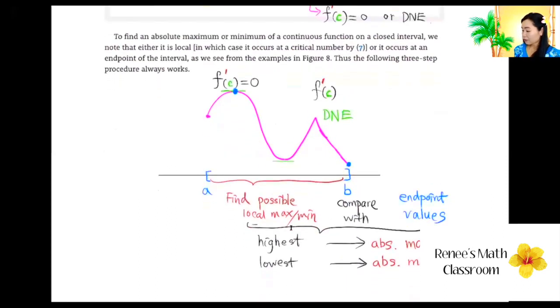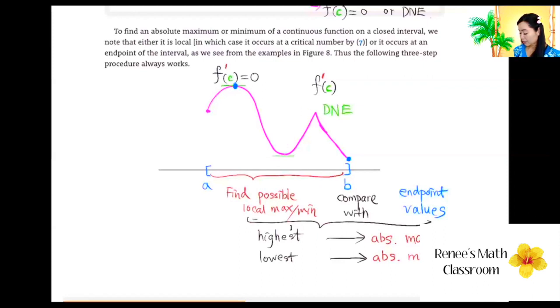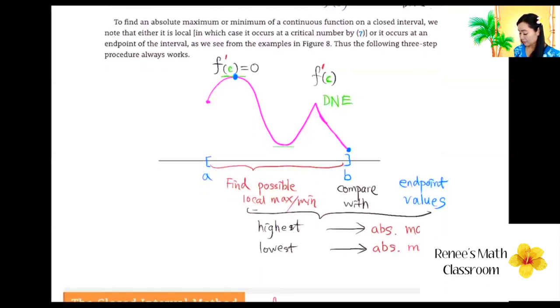Now how do you find absolute max and absolute min then? To find the absolute max and absolute minimum of a continuous function on a closed interval, you will try to find possible local max and local min inside this closed interval. You look for potential local max or local min.